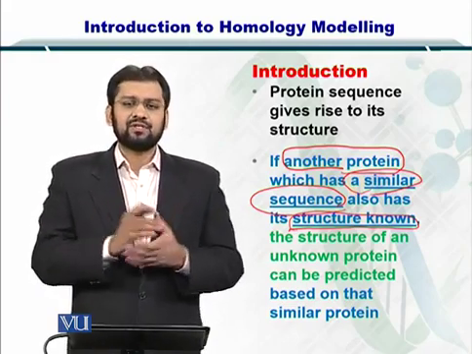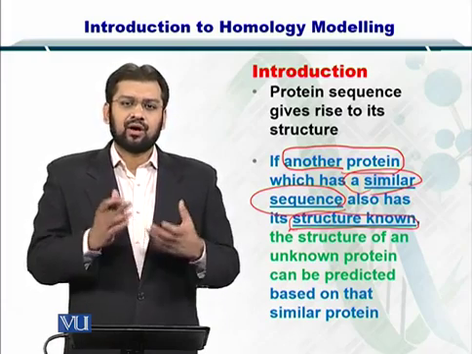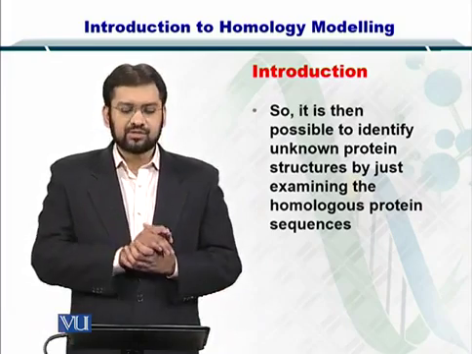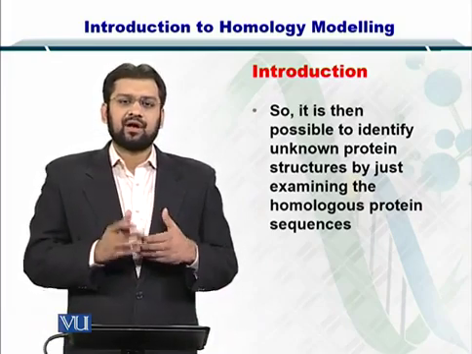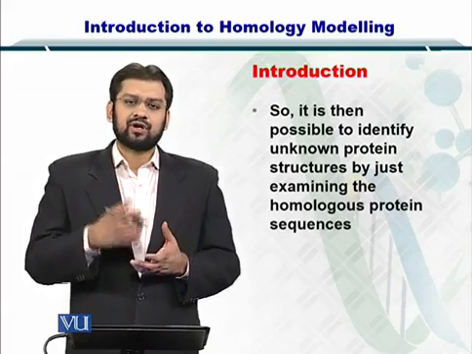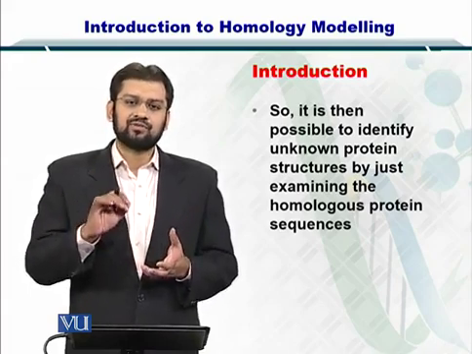So this is essentially homology modeling, or a basic definition of it. Using such homology modeling approaches, it then becomes possible to predict the structure of proteins whose structure is unknown but their sequence is known.